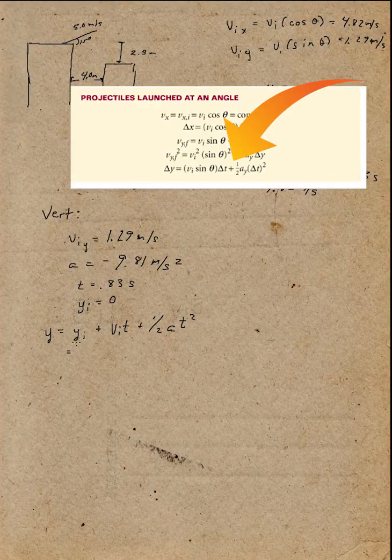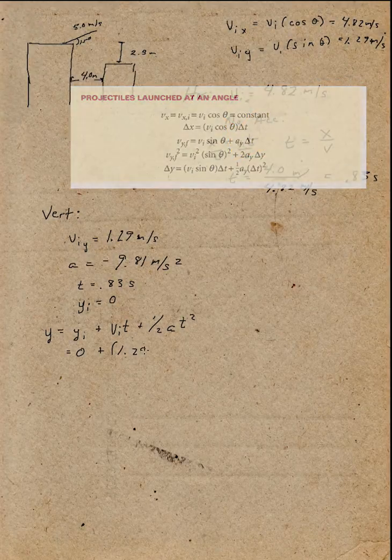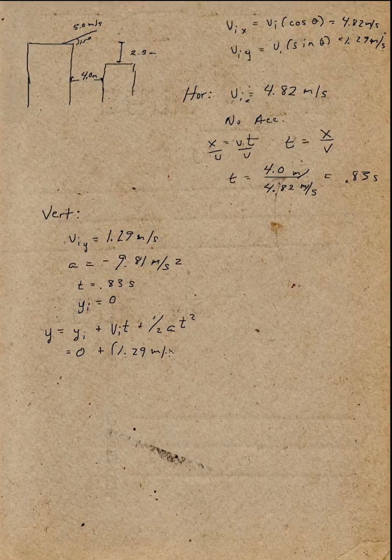Now, we're calling our initial starting point 0, so we're just going to strike that and get rid of it. We've calculated the vertical component of our initial velocity as 1.29 meters per second, and our time is 0.83 seconds, plus 1/2 of negative 9.81 meters per second squared times our time squared, 0.83 squared.